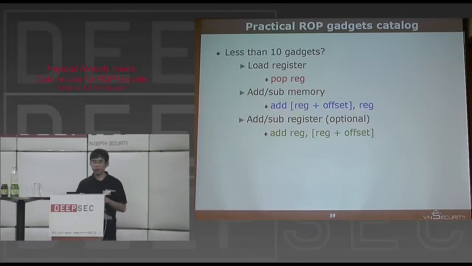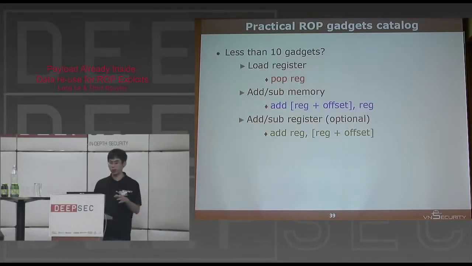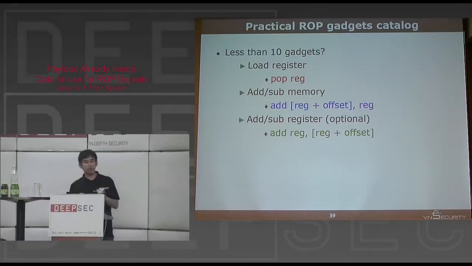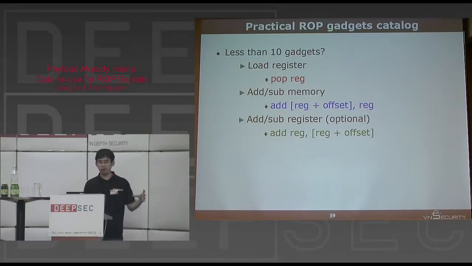Actually, for the catalog, we don't need to have all of the ROP gadgets. We don't care about that. What we want is a way to write the exploit very practically and reliably, so that it works across different distributions and is not too dependent on the binary itself.